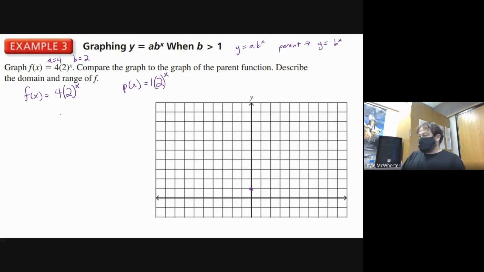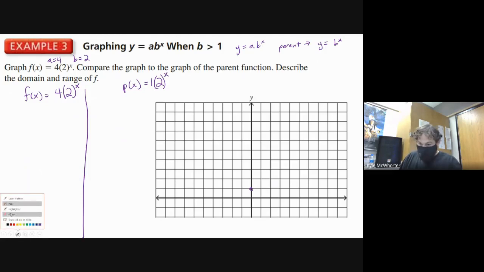Then we can pick some x values and make a little chart for each one to get some x and y values. I'm going to change the color to be a little more clear. I'll do f of x in green.